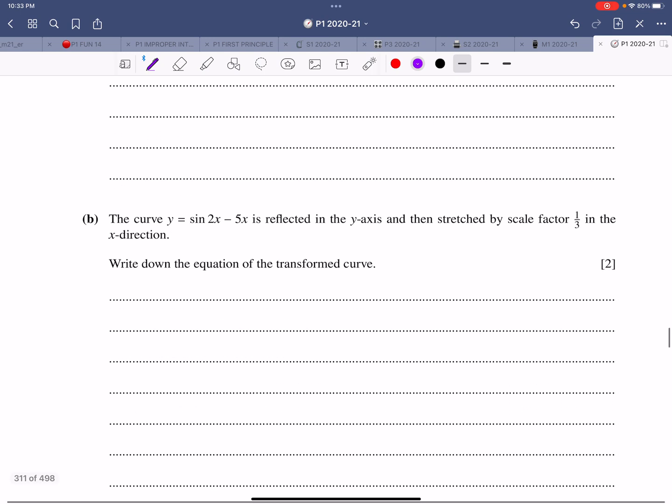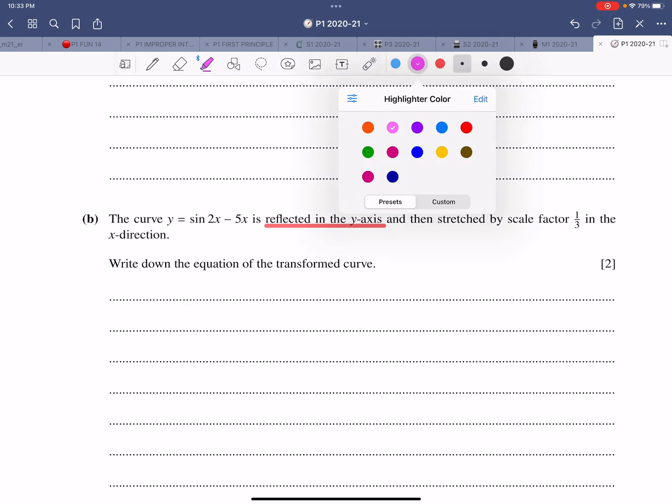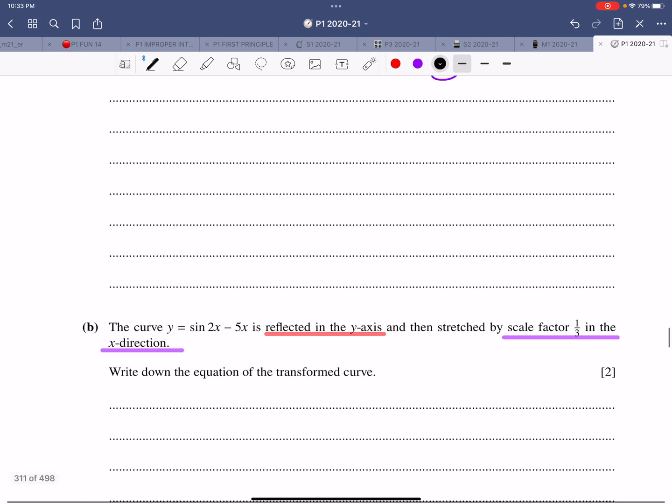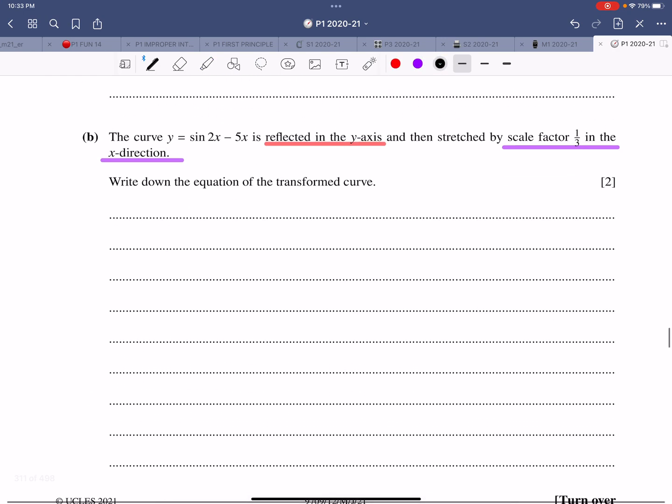Now even more stronger question. The curve y equals sine 2x minus 5x is reflected in the y-axis. First thing, that is reflection in the y-axis. And then second thing, it is stretched by a scale factor of 1/3 in the x direction. Now the first thing is, when we have y equals f of negative x, that is reflection in the y-axis.